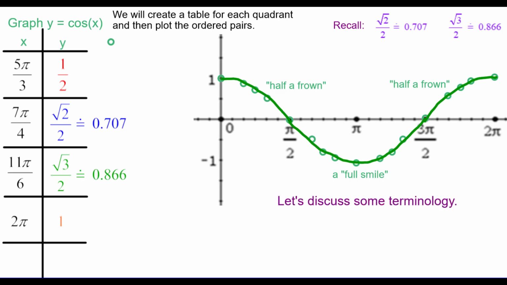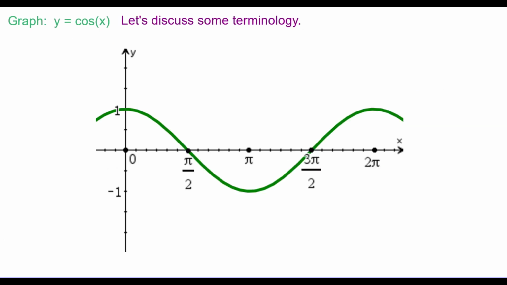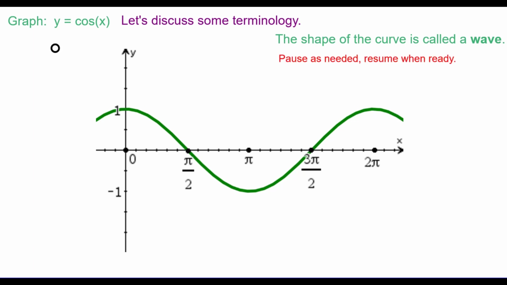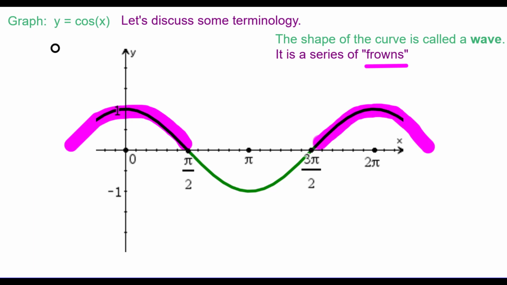We're going to discuss some terminology that you should know. The shape of the curve is called a wave. The curve is a series of frowns and smiles.